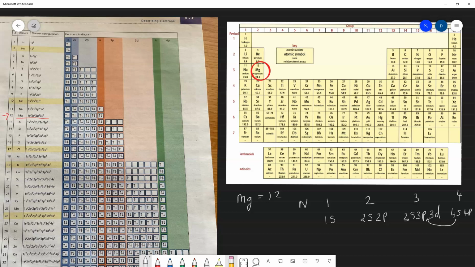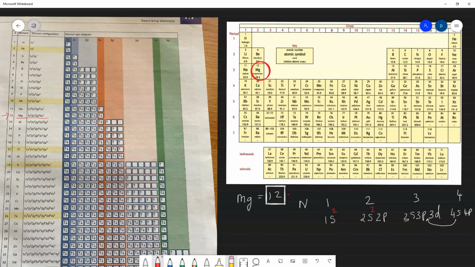Now you also know that an s subshell can have a maximum of 2. Now you want to distribute the number 12, so take away the 2. 2 will go here. Always remember, the electrons fill from the closest shell and go outwards. 2 here, I can give 2 there, so 4 is taken out.